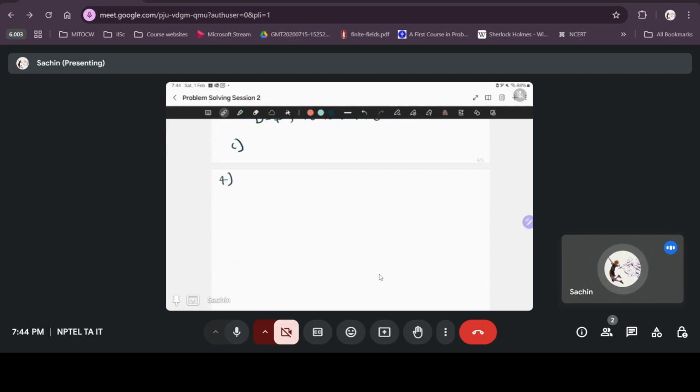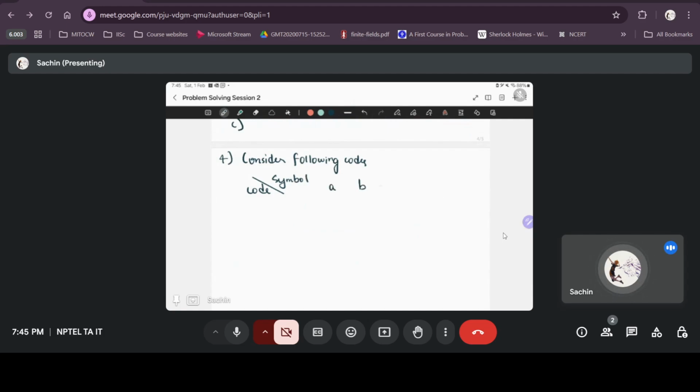Question 4. Consider the following codes. You have codes, and these are symbols.